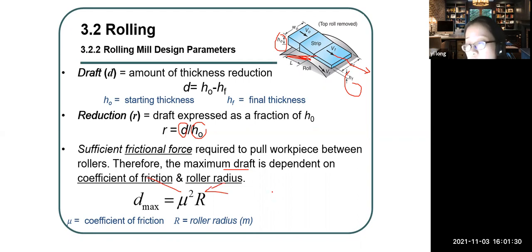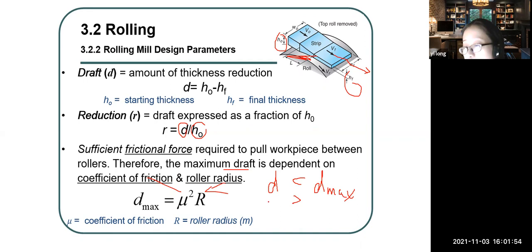So the principle is about your D compared to D max. We set this so the friction force is enough. So what is the condition for the friction force to be enough? Tell me. Is it less or higher? Yes, very good.